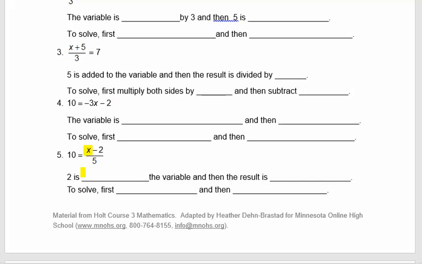For the first line, it says 2 is being subtracted from the variable, and then the result, that whole thing, is being divided by 5.